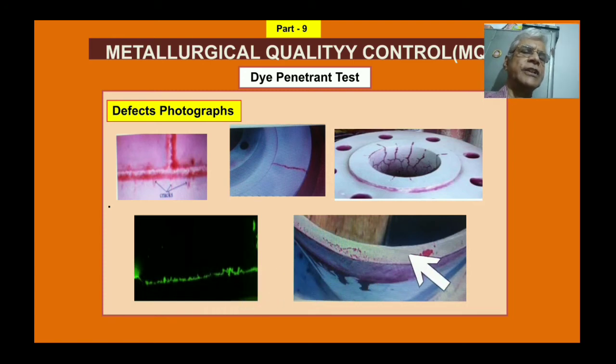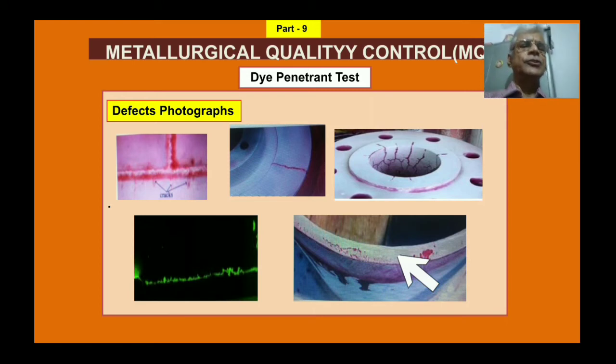This also you see, these are all porosity marks at particular places. So you can see even scattered porosity or connected porosity here. This is the red dye system which has been used here. So these are the various photographs I have just shown you, just to memorize how it looks in the crack system when you do this DPT system.